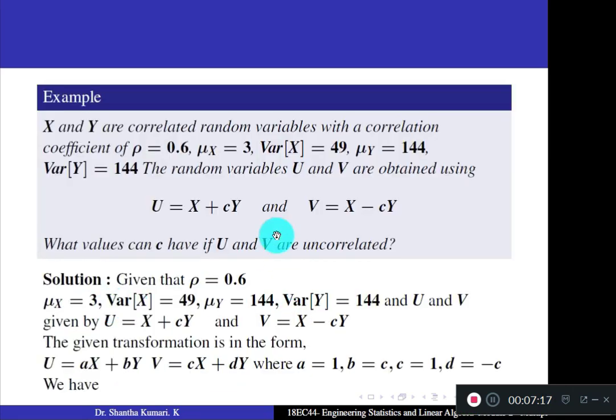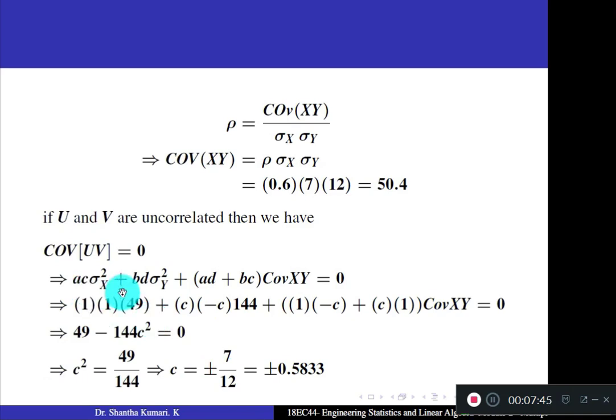Don't confuse: C is used in our general transformation also, and in this transformation C is a given term. Here in the general transformation, in the place of A you have 1, in the place of B you have c, in the place of C you have 1 and in the place of D you have minus c. Don't confuse.